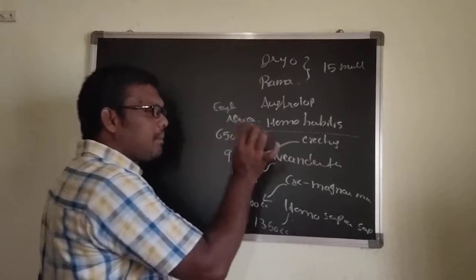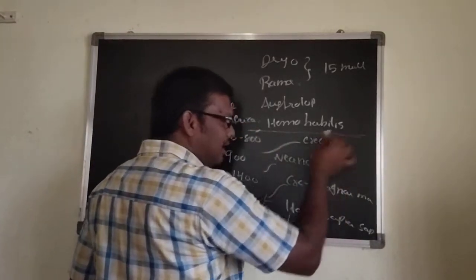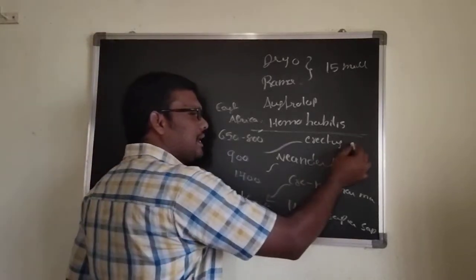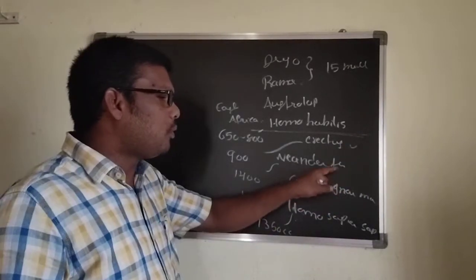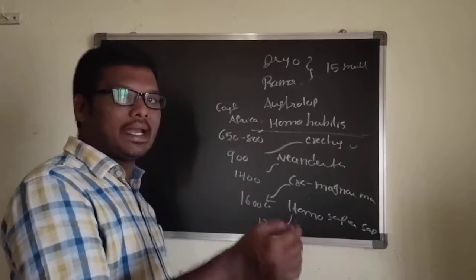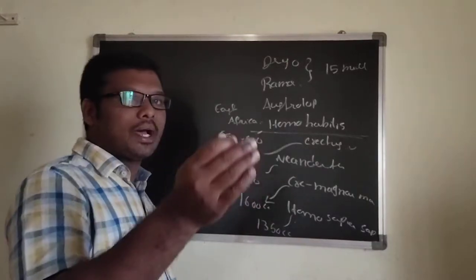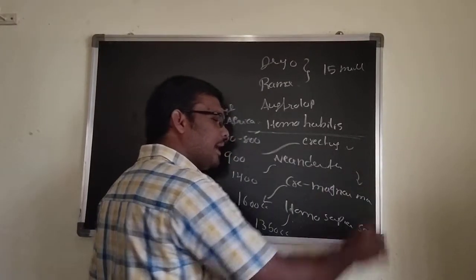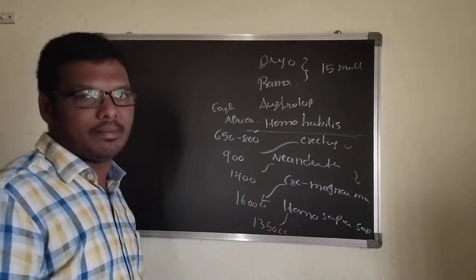The person who first left Africa and entered Asia is Homo erectus. Up to Neanderthalensis, they lived from Africa to the Eastern Asia region. From the Cro-Magnons, they entered the Europe region.